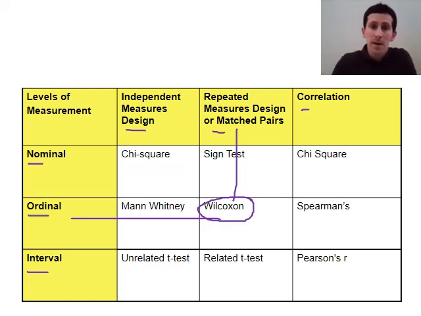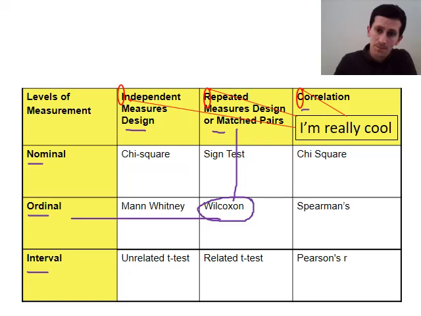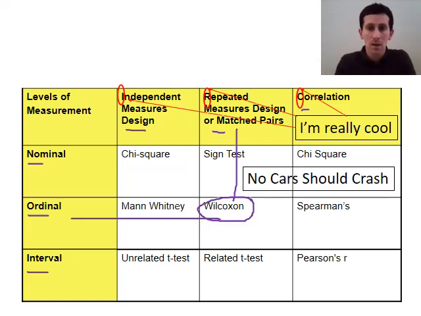And then we go back to our little terms. So the first part of this table, I, R and C. It's a way of remembering independent groups, repeated measures, correlation. I'm really cool. The next one, you've got no cars should crash.